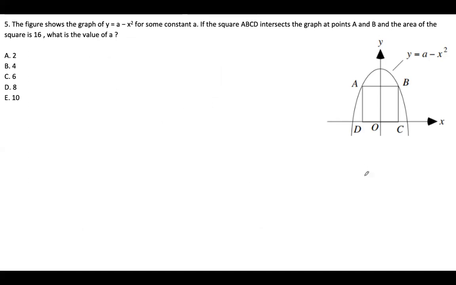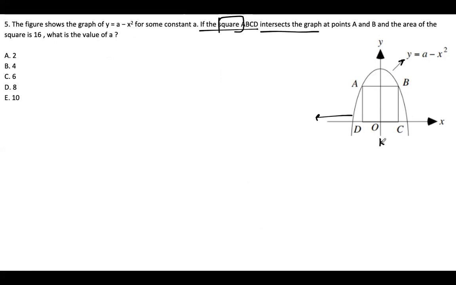Just show that the graph of y is equal to a minus x squared for some constant a. If the square ABCD intersects the graph at points A. First of all, tell me, this graph will be symmetrical, right? This parabola will be symmetrical, right?